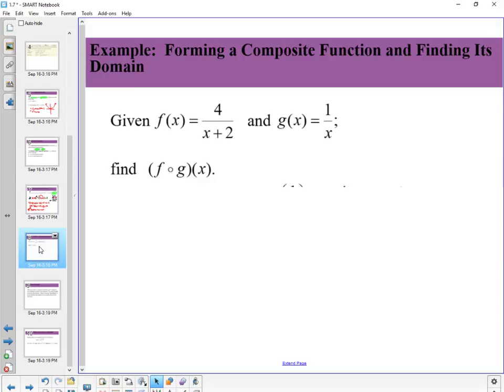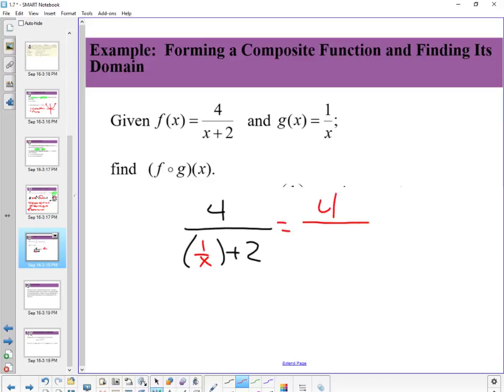Forming composite functions. So here's another one. We want to find f of g here. We're going to start with 4 over x plus 2. What's going to go in here? 1 over x is correct. So 1 over x.